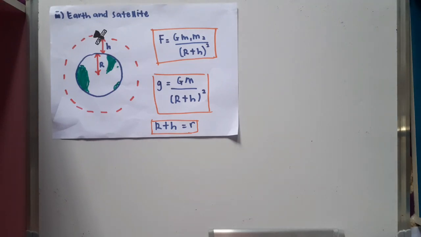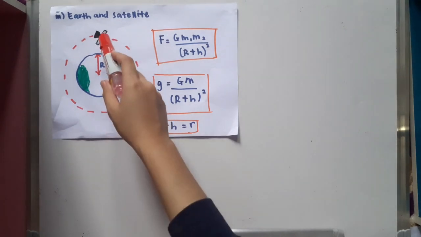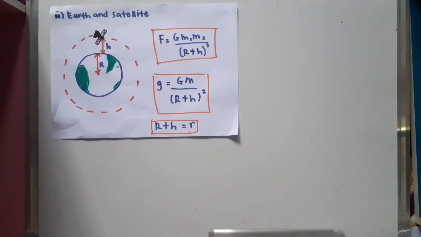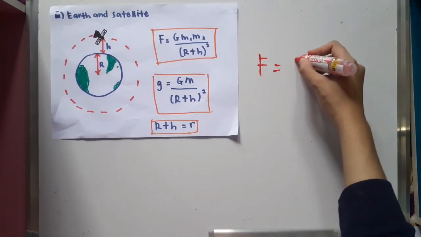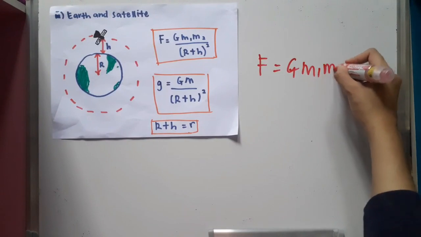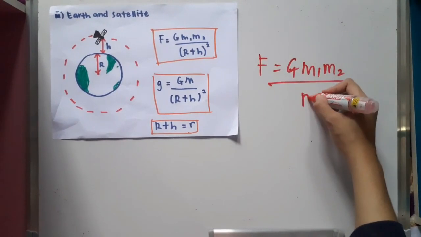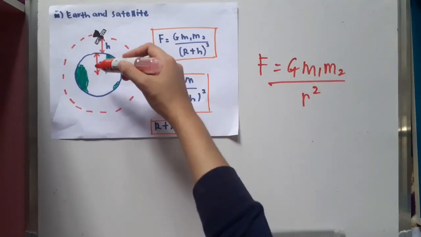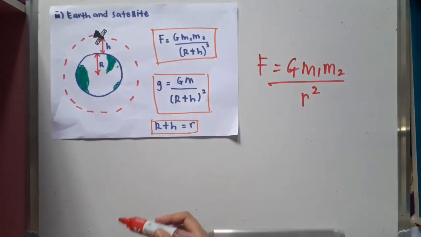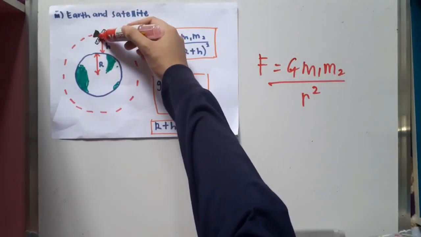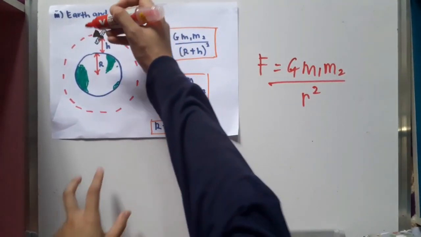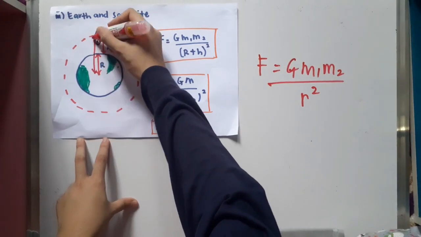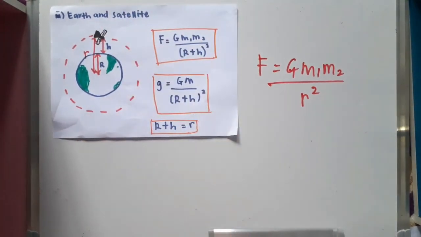Okay class, this is the gravitational force between the Earth and a satellite. The formula is just the same: F is equal to G m1 m2 divided by r square. But r here is from the center of the Earth to the center of the satellite. So r is here. How to calculate?